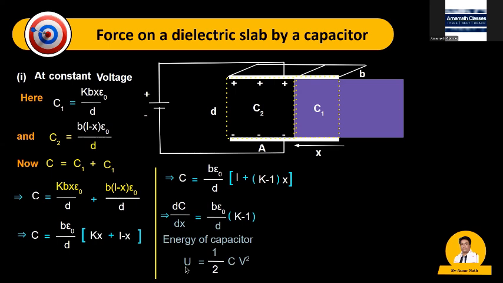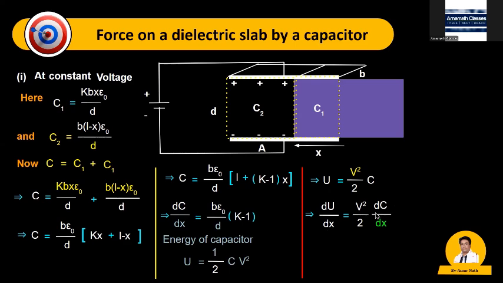That's what we are going to discuss: with changing capacitance, how the energy changes. So U equals half CV square, simply V square by 2 into C. So dU by dx is equal to V square by 2 into dC by dx. If the capacitance changes with x like this, then the energy will change by this.